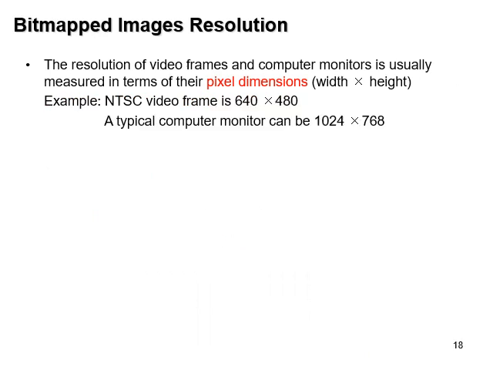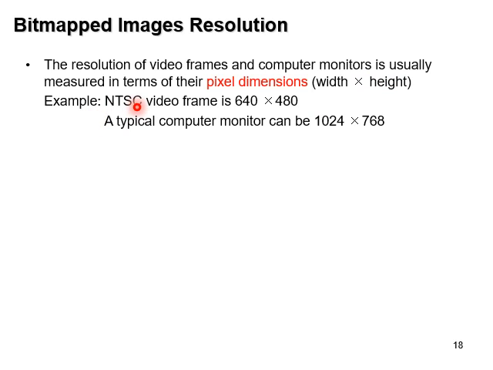Okay. Now, the measure of resolution for computer monitors is different. As I said, for printers and scanners, we use dots per inch. How about computer monitors? In computer monitors, we measure the resolution in terms of what's called the pixel dimensions, which is how many pixels we have across the width and the height of the frame.